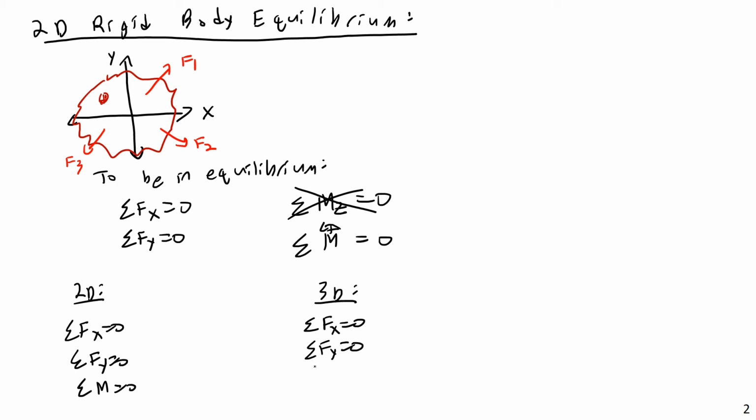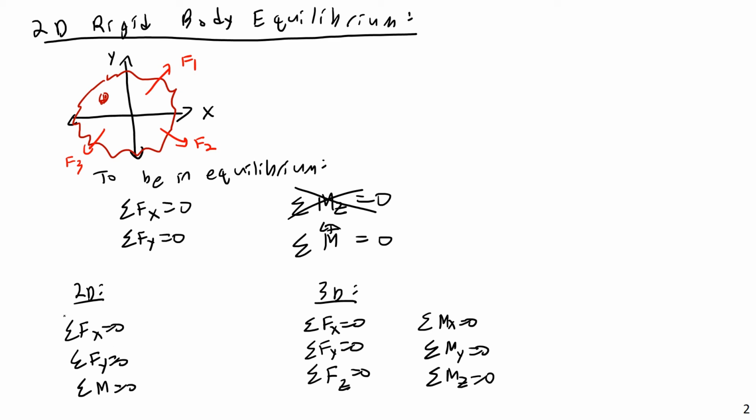Summation of forces in the z direction is equal to 0. Basically, our three equations of translational equilibria, and then our three equations, not forces but moments, and summation of moments about the y-axis equal to 0, and summation of moments about the z-axis equal to 0.